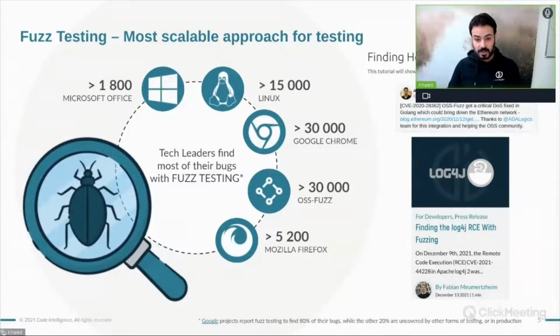Tech leaders like Google and Microsoft find most of their bugs with fuzzing, and even some projects at Google find around 80% of the bugs with fuzzing. It's clear from the examples we show here that fuzzing is able to tackle complex software like the Linux kernel, the Chrome browser, Microsoft Office, or the Mozilla Firefox browser.